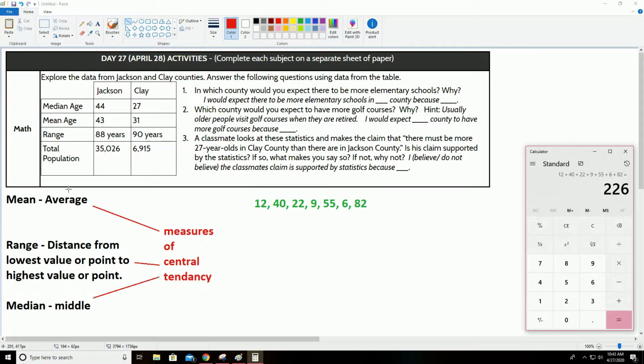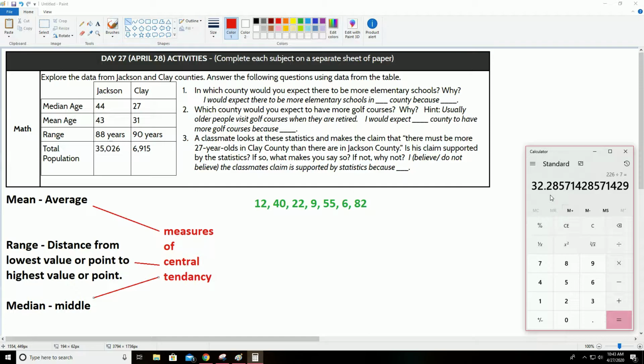If we were going to find the mean and we wanted to find the average, the first thing we have to do is add them up like I did. And then after we add them up, we just divide by how many people's ages we collected. We collected 7 people's ages, so we divide the total by 7, and that will give you the average. So the average age of the people, for my example, is 32 and 2800.